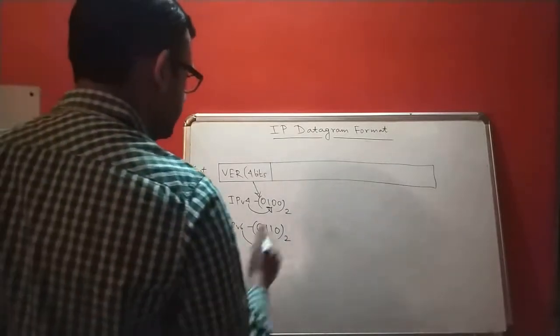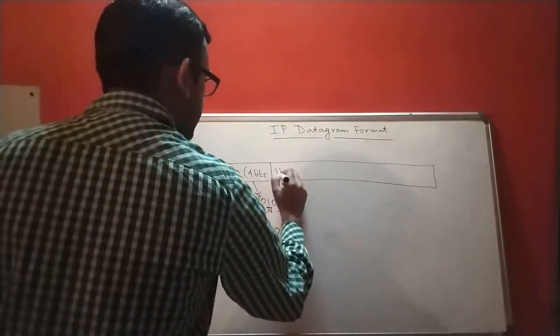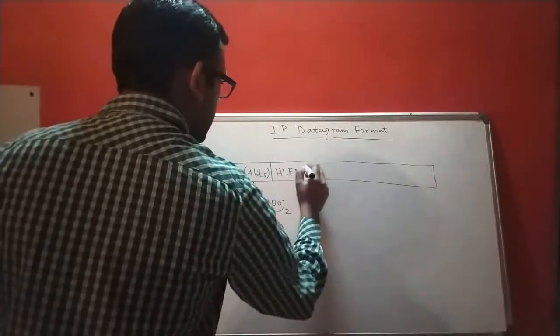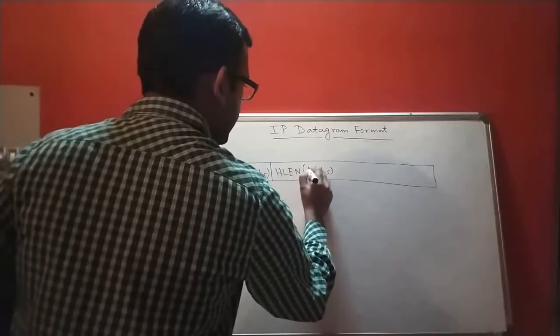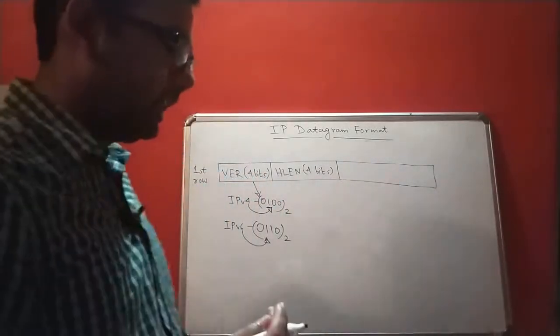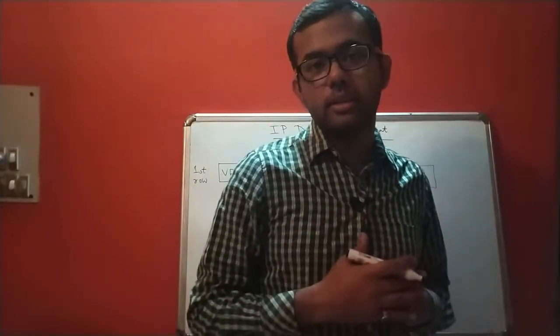The next field that we have is the header length field. The HLEN field also consists of 4 bits and it defines the header length. We saw in the previous diagram that the header length is variable in size. It ranges from 20 bytes to 60 bytes.